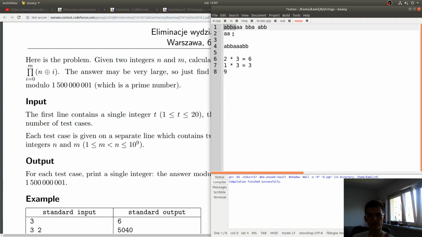So here there are no occurrences of AA, of course, but if we also choose this suffix, then we have ABBA plus ABB, so in total it's ABBAABB. We have an occurrence. So what do we do?